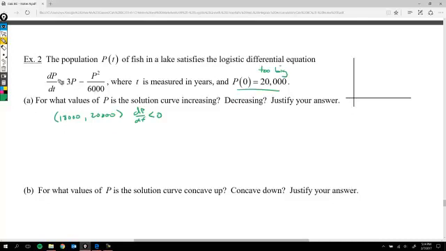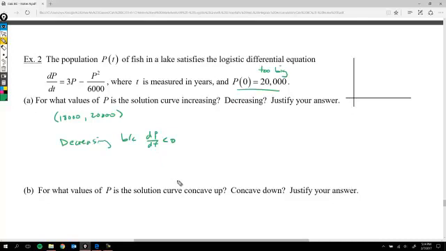Keep in mind this is your derivative, so if you get negatives, that means that your function is decreasing. So I know that I'm decreasing because dP/dt is less than 0. Okay, so I'm decreasing on 18,000 to 20,000 because my derivative is less than 0.